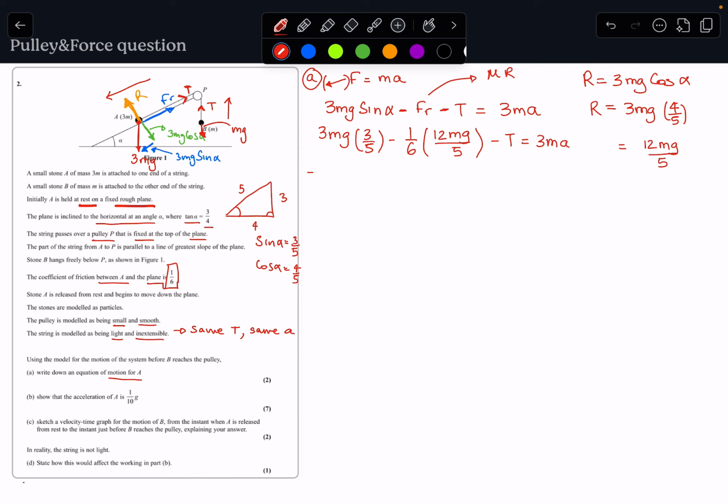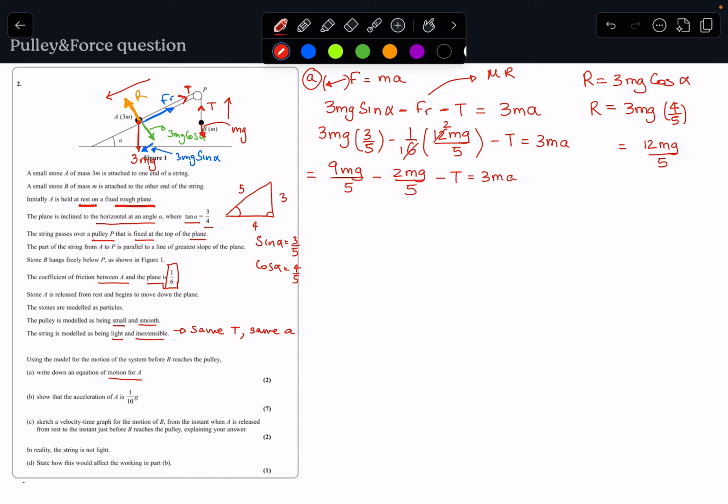So if I simplify this out, 3 mg times 3 over 5 gives me 9 mg over 5. The 6 and 12 can simplify out, so that gives me 2, that gives me 1. So it will be minus 2 mg over 5, minus tension, is equal to 3 MA.